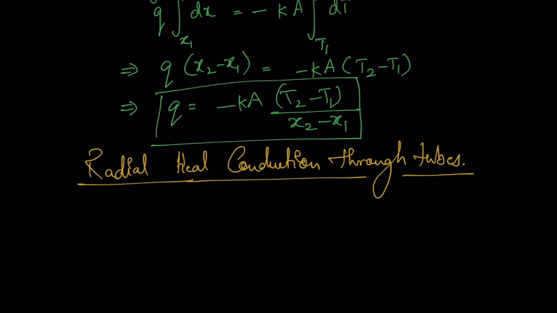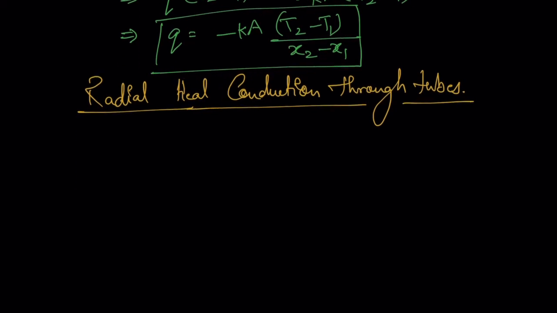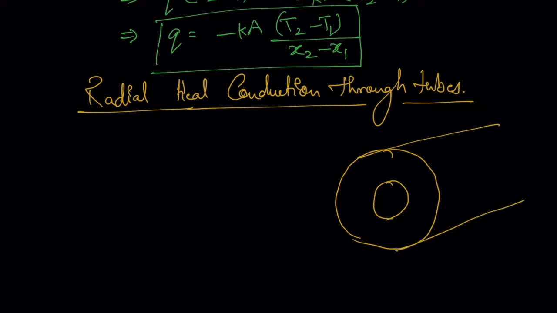So we are just assuming that the heat is flowing radially. Okay, so let's draw a figure. Suppose this is a cross section and this is a tube, and inner radius is r1, outer radius is r2. Okay, inner temperature here is T1, outer temperature is T2 at the surface.